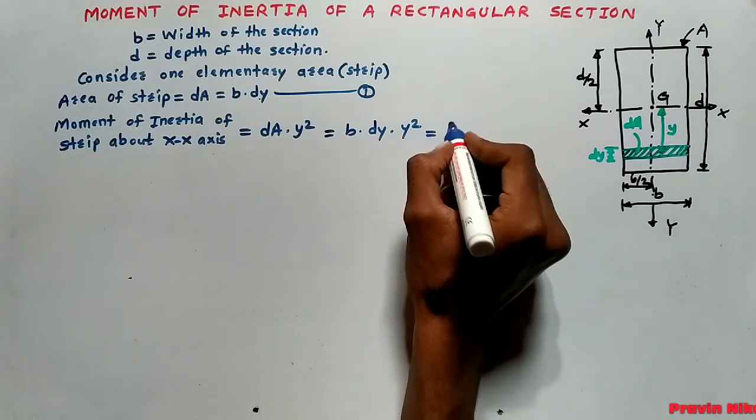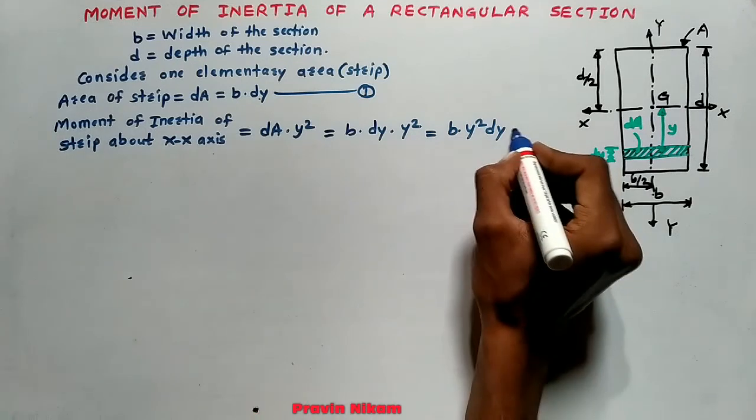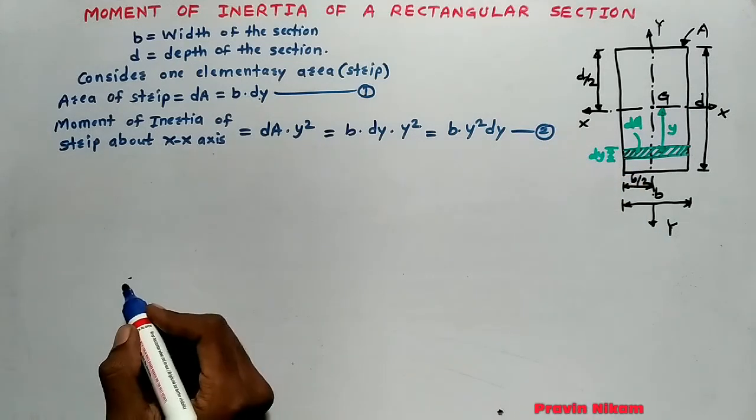So that is equal to b y square dy. This is the second equation.